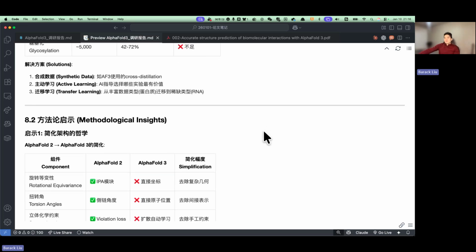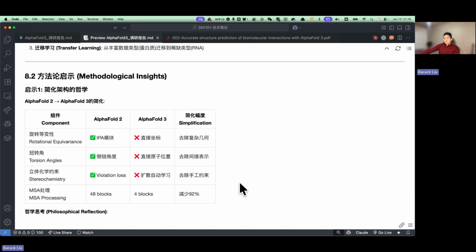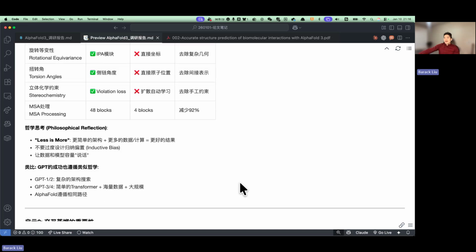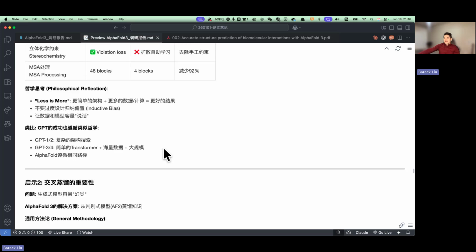Methodology insights. Less is more. Big data.